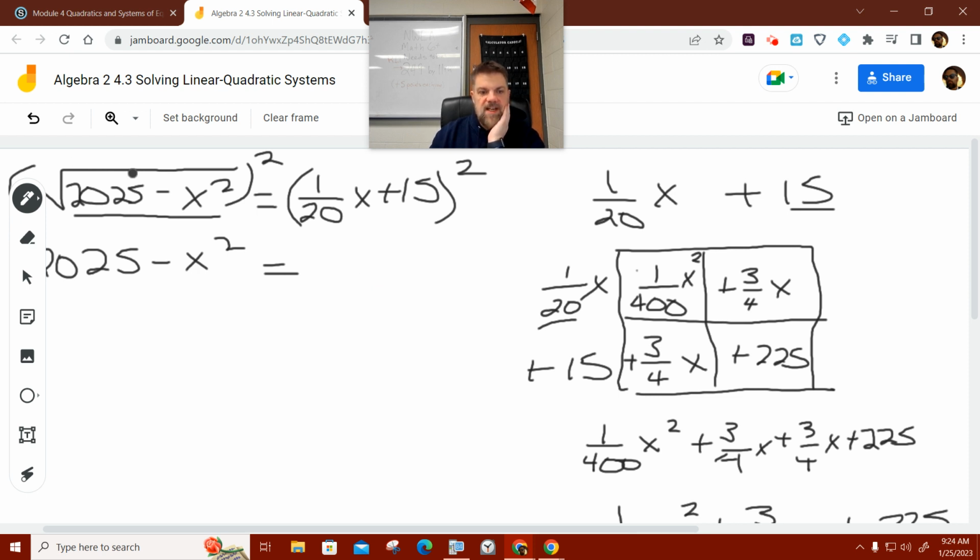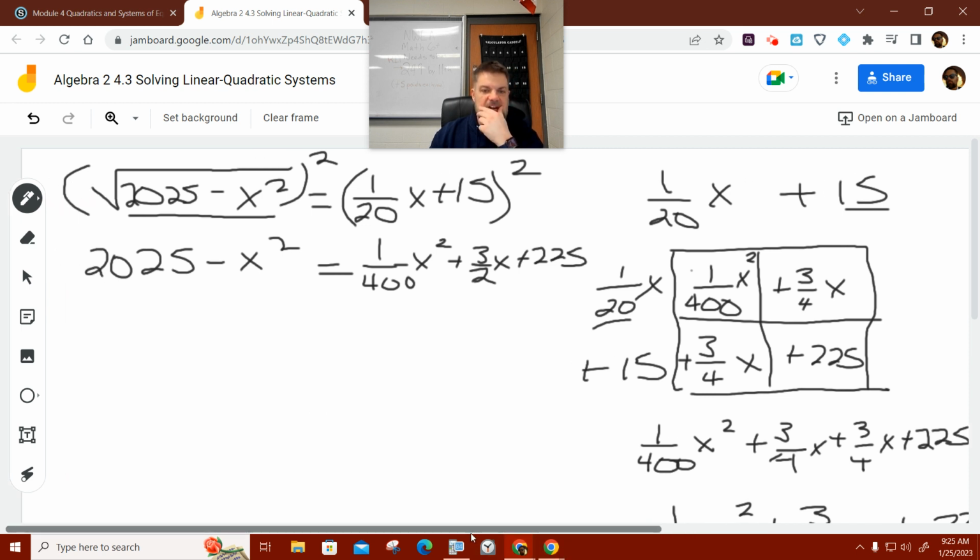So anyways, this whole thing expands and becomes 1 over 400 x squared plus 3 over 2 times x plus 225. Whew. Well, this is actually a quadratic, right?